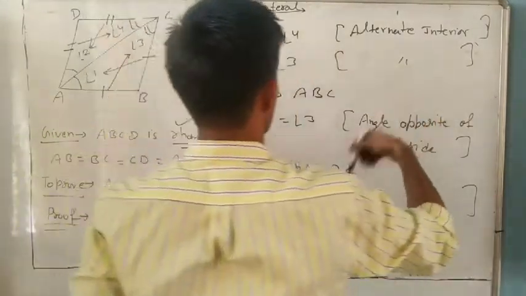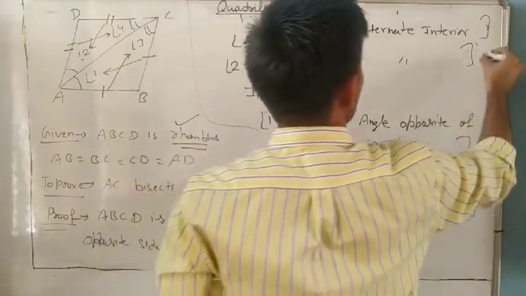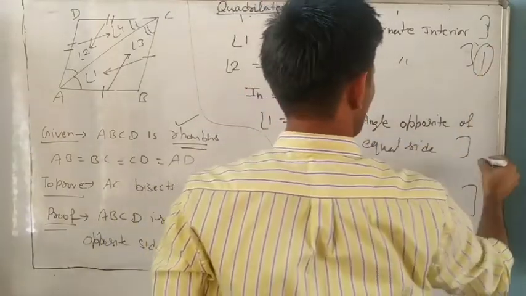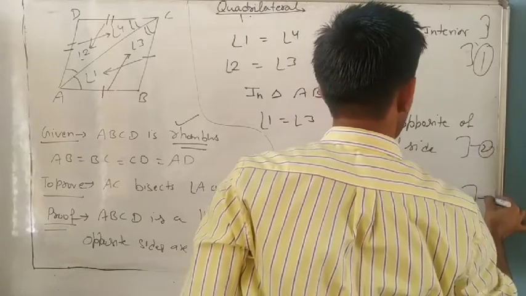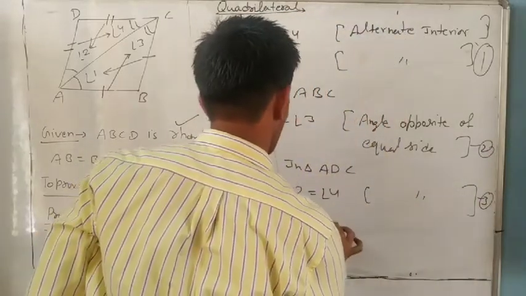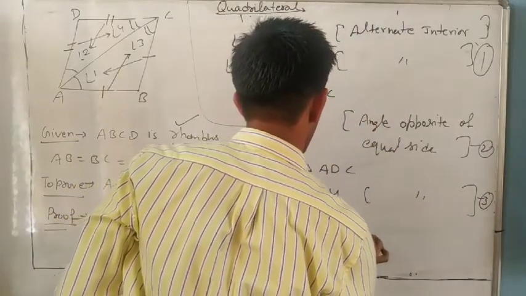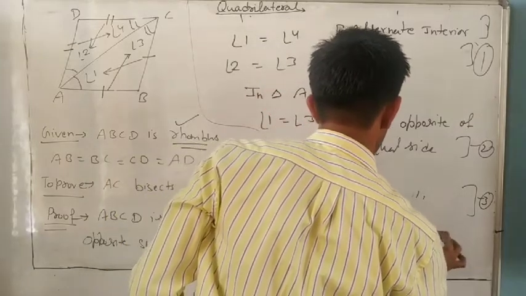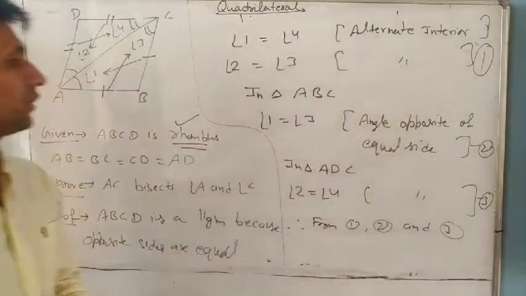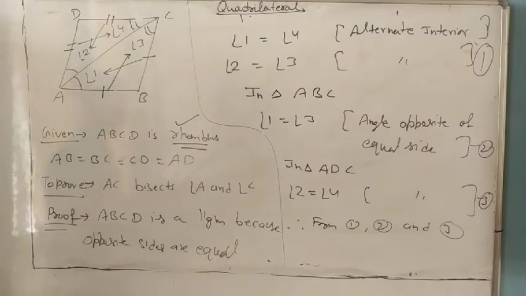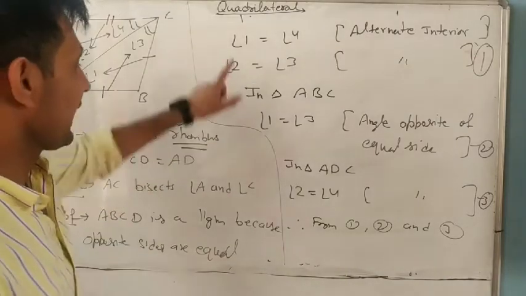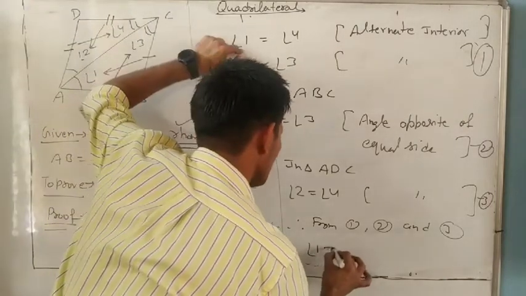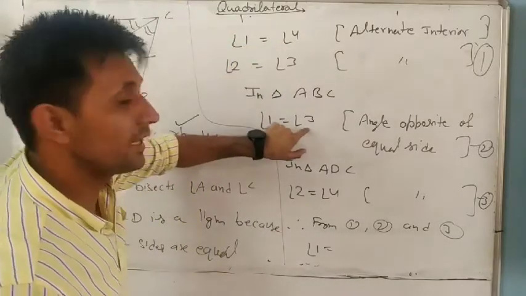Therefore, give the names equation 1, equation 2, equation 3. From equations 1, 2 and 3, you can write angle 1 equals 4, and angle 1 equals 3 also.